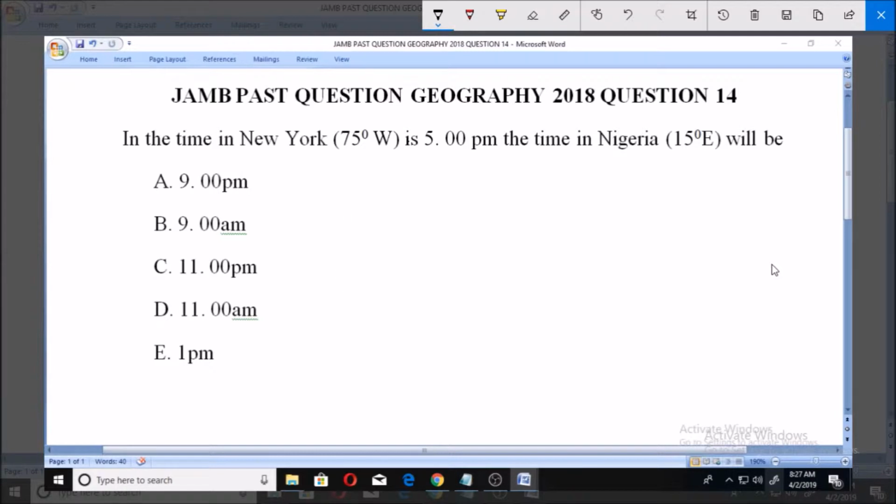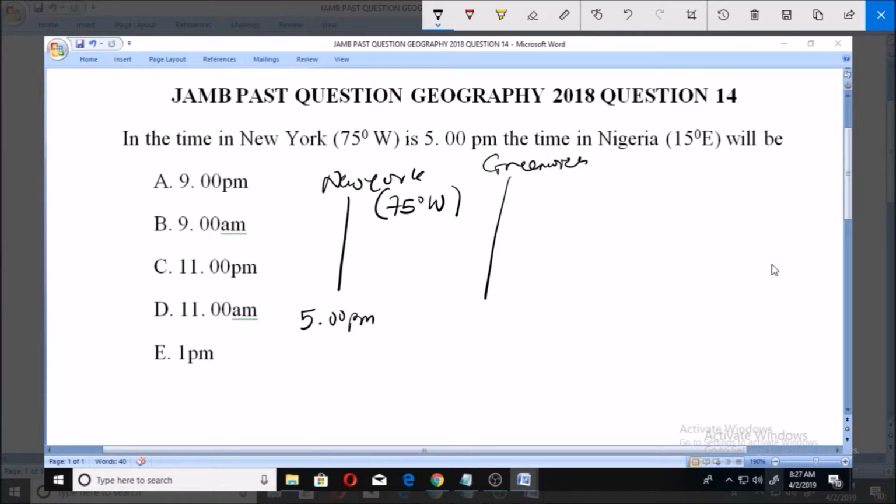So we have New York, which is located 75 degrees west, having the time of 5 p.m. Then we'll have the Greenwich Meridian, which is the reference point, having 0.